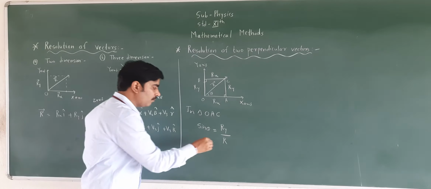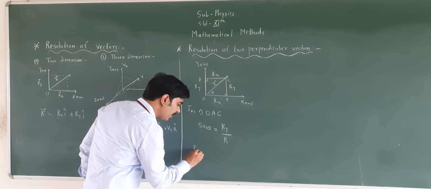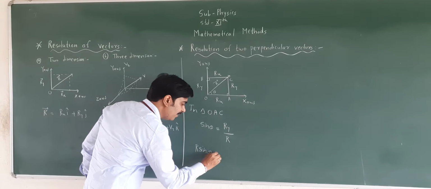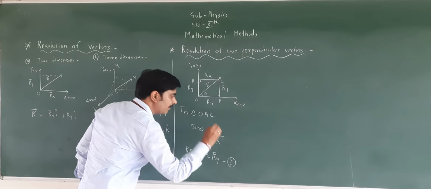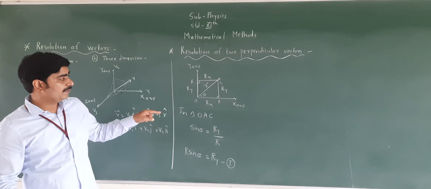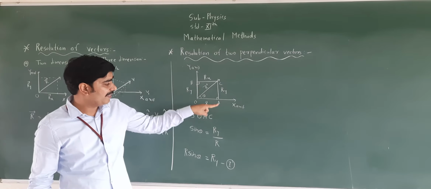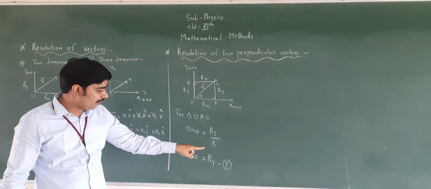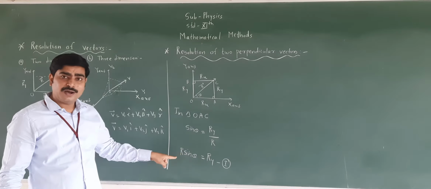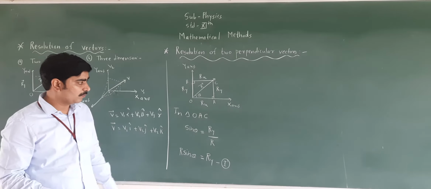What is the value of ry? r sin theta is equal to ry, and this is equation number 1. Friends, again I am going to explain this. In triangle OAC, sin theta is equal to ry upon r. So ry is equal to r sin theta. This is equation number 1.